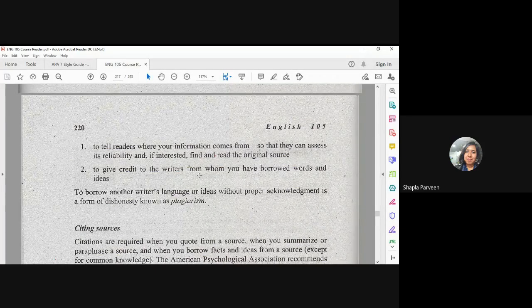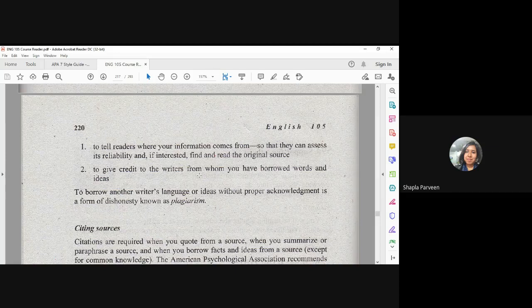When you borrow information, you're not going to borrow the whole paper. You only borrow chunks of ideas, just a little bit of an idea from articles or books. Now, if the reader is interested to find out more about that article or the book, then they can do that. They can try to find the original source from the source documentation that you have provided.